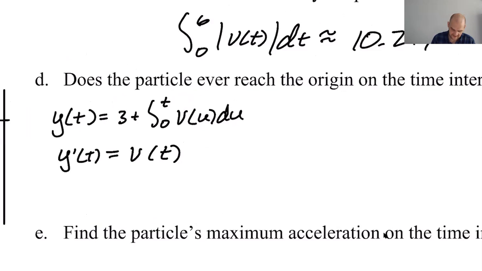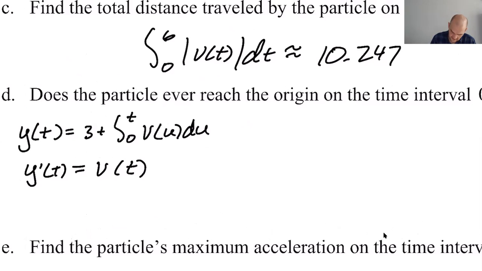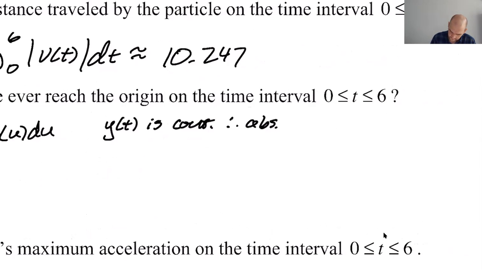All right, we're doing the candidates test. So y of t is continuous. Therefore, the absolute minimum is at an endpoint or a critical point.